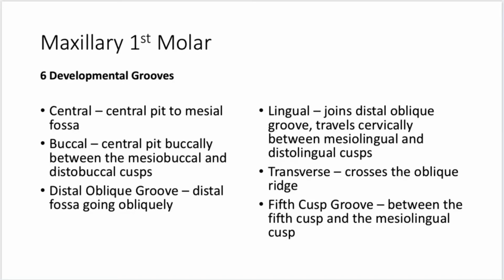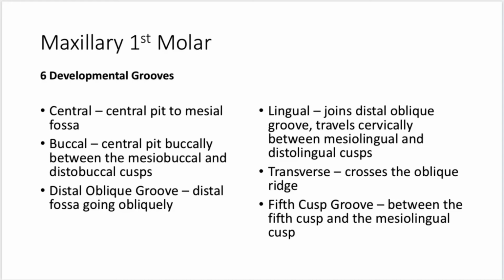The maxillary first molar has 6 developmental grooves. The central groove starts at the central pit and runs to the mesial fossa. The buccal groove starts at the central pit and runs buccally between the mesial buccal and distal buccal cusps. The distal oblique groove starts at the distal fossa and runs obliquely.